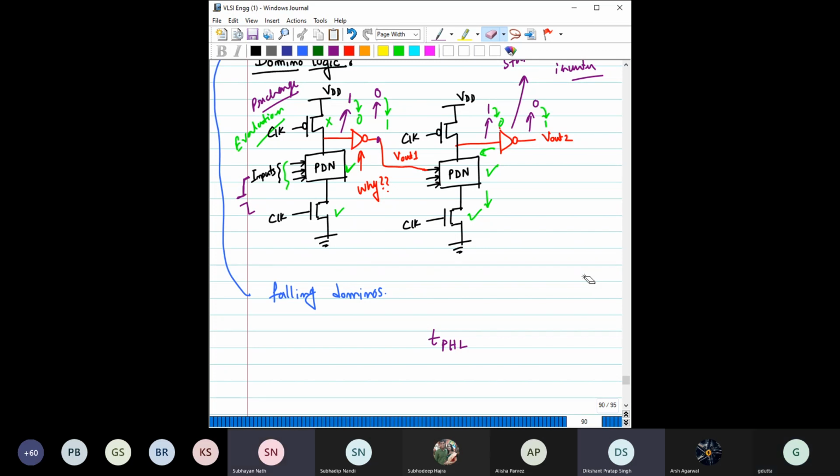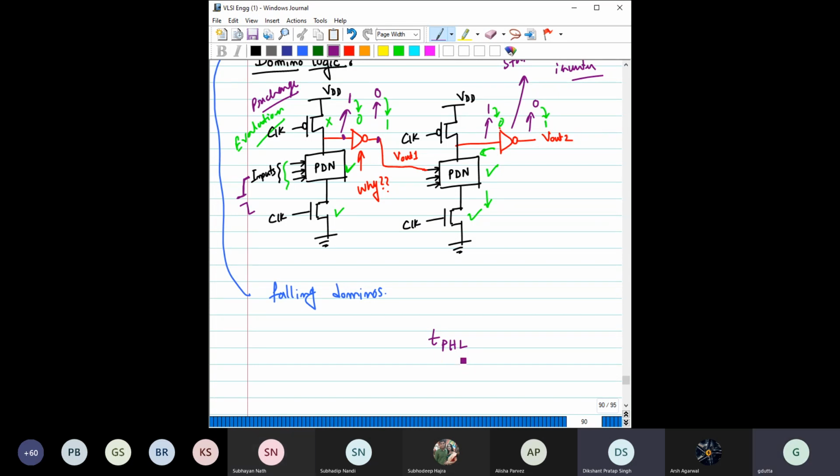Can you repeat the question once more? Yes. Can you comment on what would be this TPHL for this type of domino logic, or what do you at least expect the value of TPHL to be?